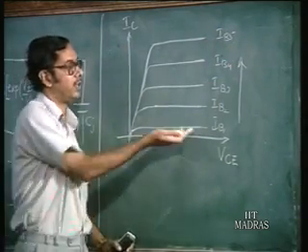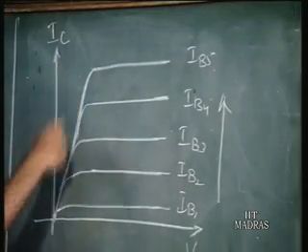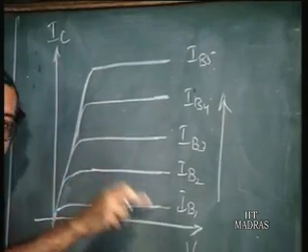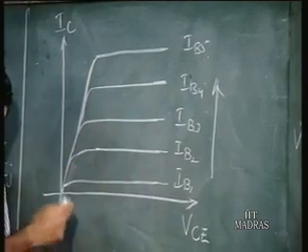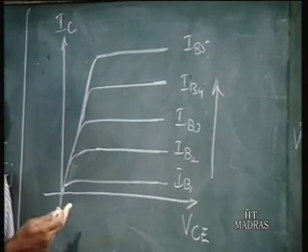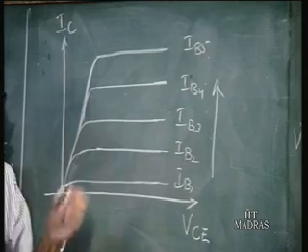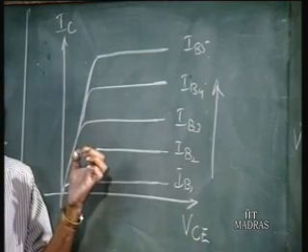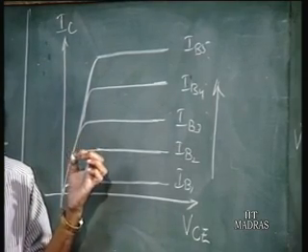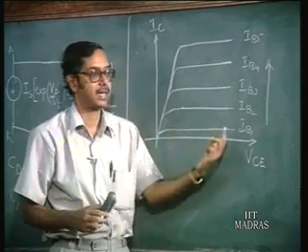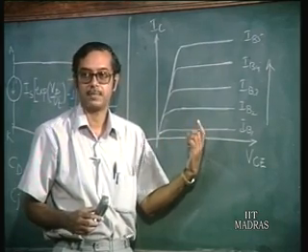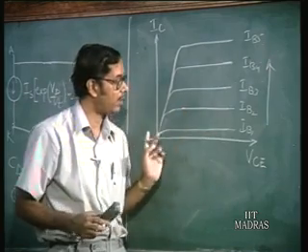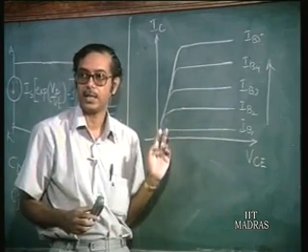If you are increasing the base current, the collector current increases. So for a given base current, this is how the collector current can vary depending on VCE. Now, if you want to find out the exact operating point of the device for a given base current, what is the exact point at which it operates? It can be operating at any point here.